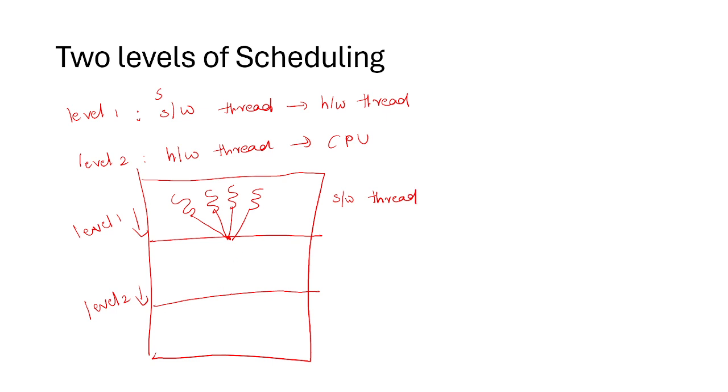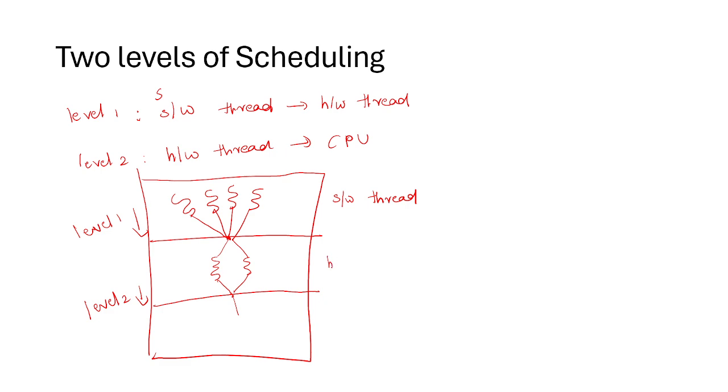Next, we have the hardware threads. If we have a two-core processor, we have two hardware threads in each core. So these software threads are assigned to any of these two hardware threads.